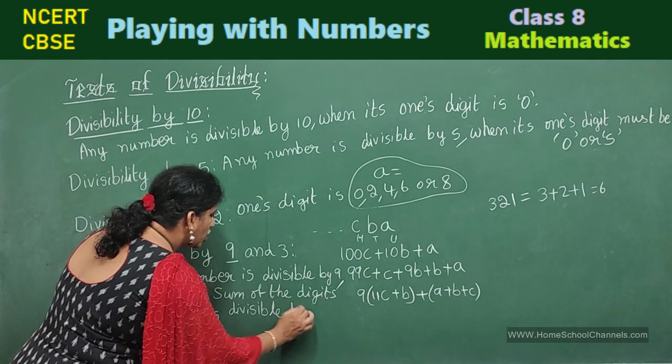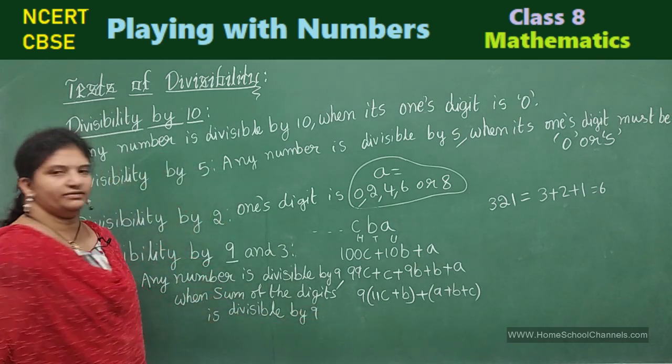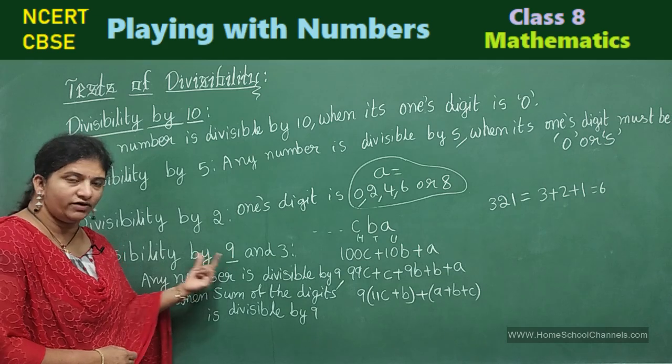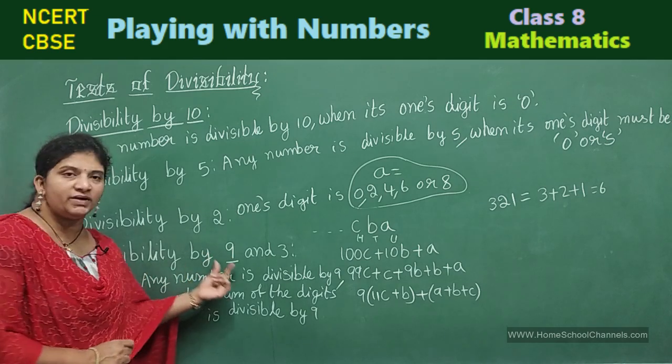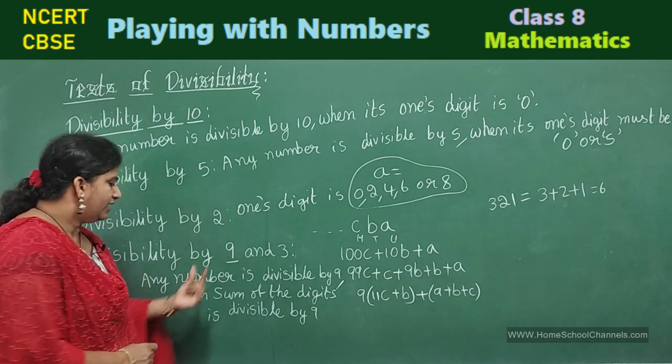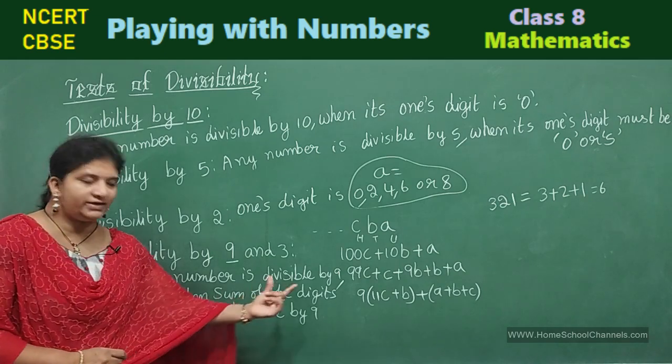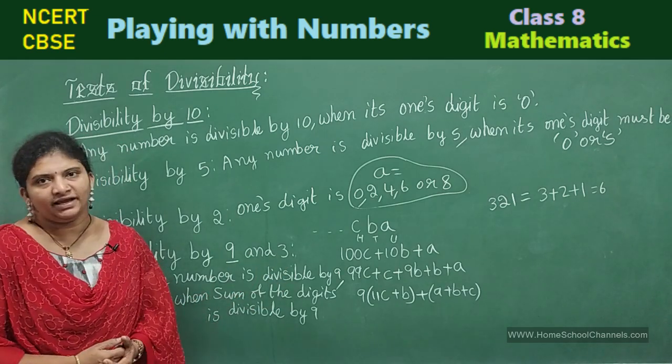Otherwise, it is not divisible by 9. Divisibility rule for 9, what we can say? Any number is divisible by 9 when the sum of the digits is divisible by 9.